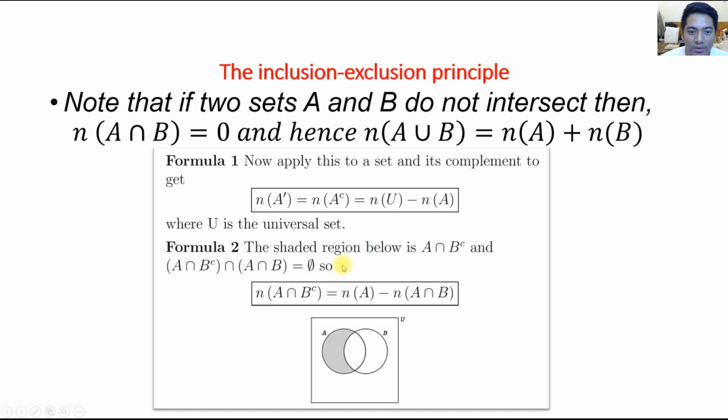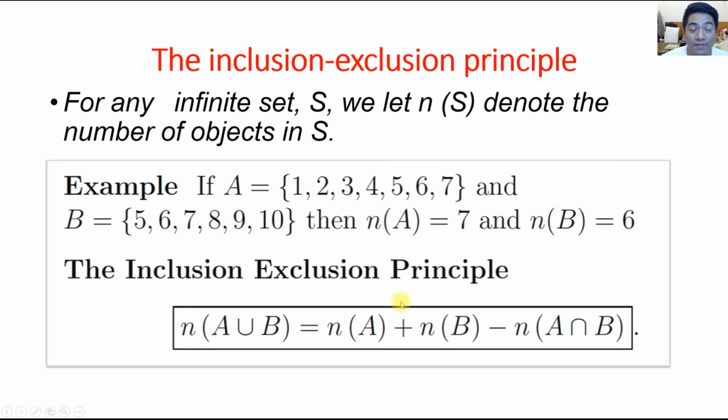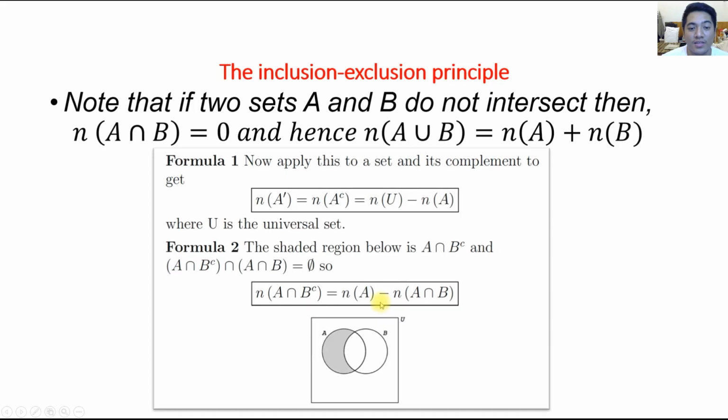So for formula number 2, the shaded region below is A intersection B complement, and the intersection of A and B will be the null set. So we reduce the formula to this. These are just some of the formulas that we need to take, so this is just additional information.